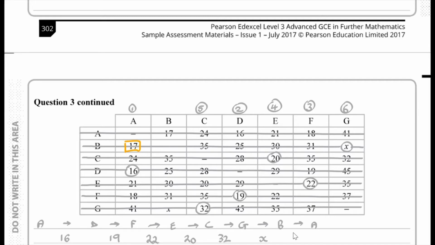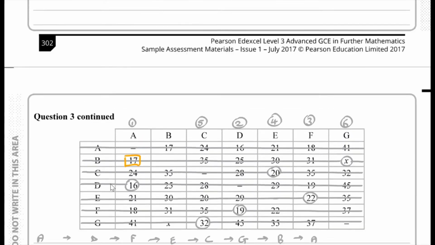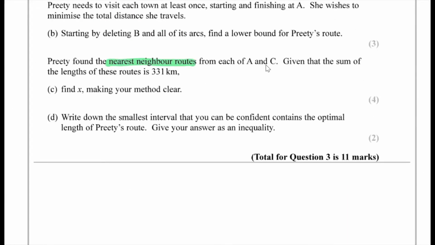Okay, so we have 17, and if we add these together, you'd find we get 126 plus X. Okay, and then we have to do the same thing with C over here.